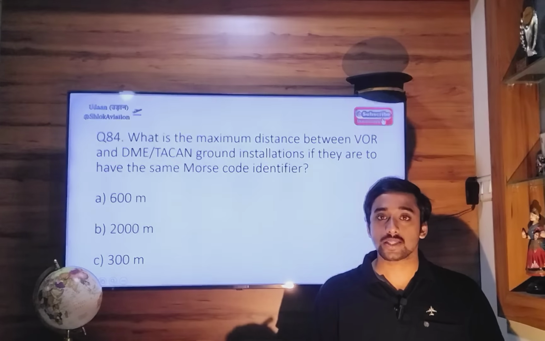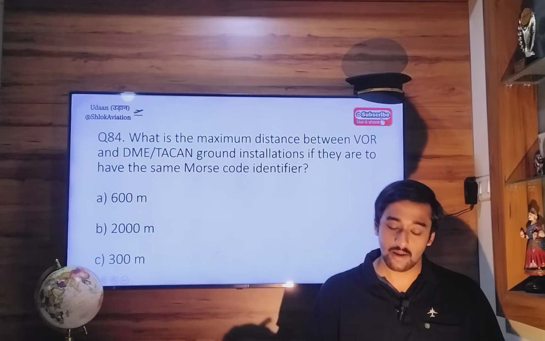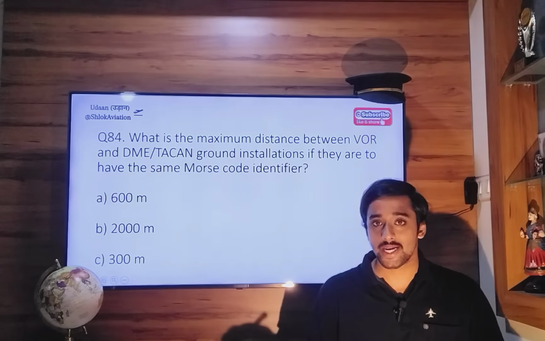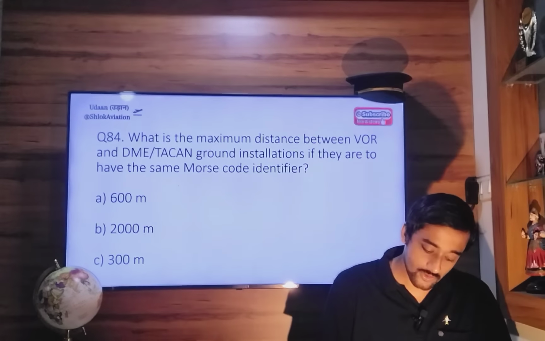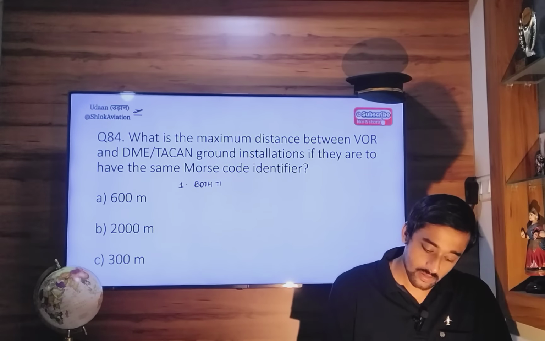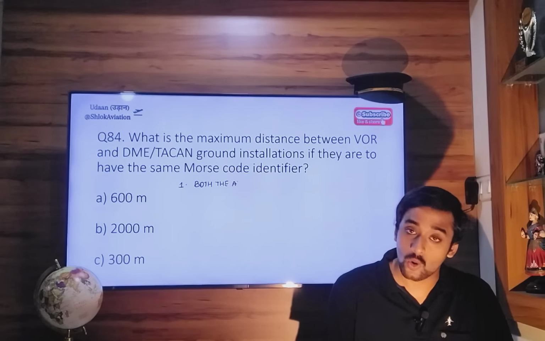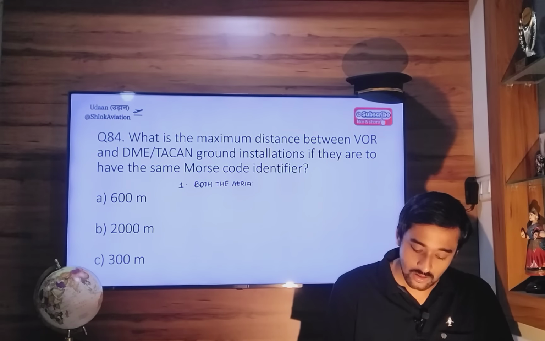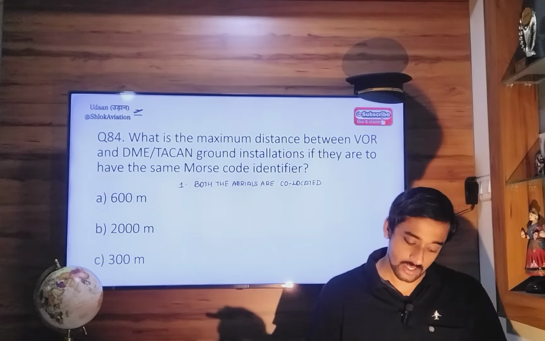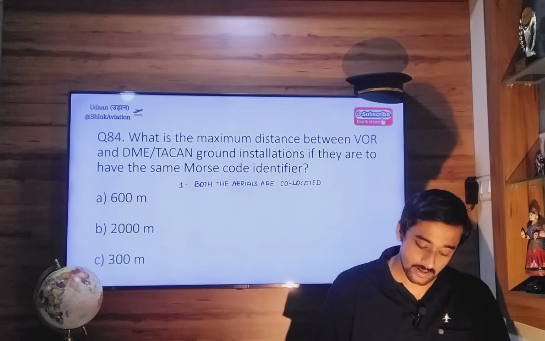Question 84. What is the maximum distance between VOR and DME TACAN ground installations if they are to have the same Morse code identifier? So there are three conditions. First, both the aerials are co-located, at the same site. In this case, they will share the same Morse code identifier.